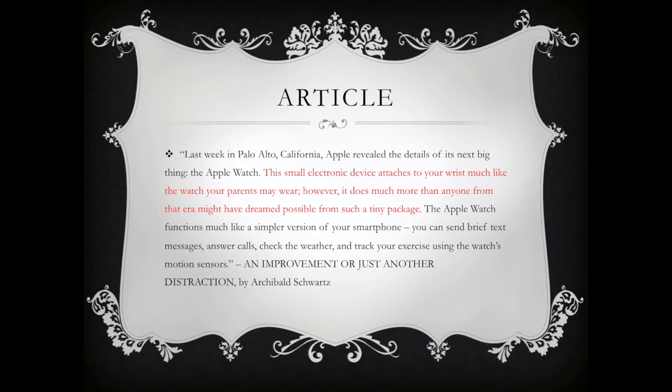Reading and writing are really more about having the right questions than having the right answers. You should be asking yourself why constantly. You should be asking yourself how or who does this affect if there's an issue in an article. Who is this issue affecting? Maybe it's affecting one group of people differently from the other group of people.